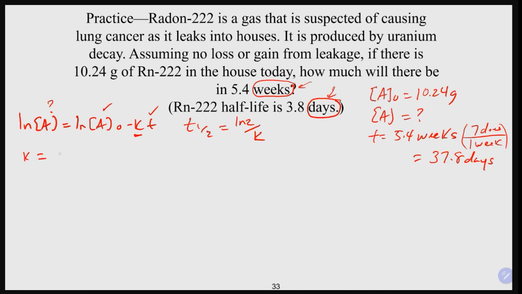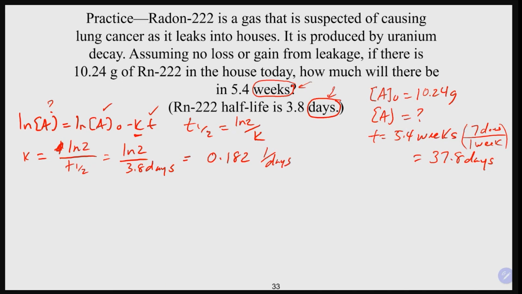Solving for the decay constant: it's the natural log of 2 divided by our half-life, which in this case is 3.8 days. That gives us the natural log of 2 divided by 3.8, which gives a decay constant of 0.182. The units here are 1 over days, or reciprocal days.